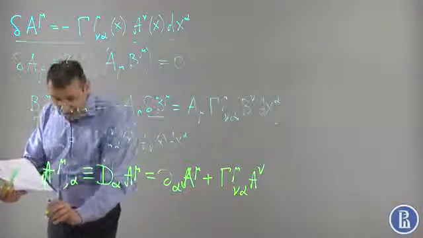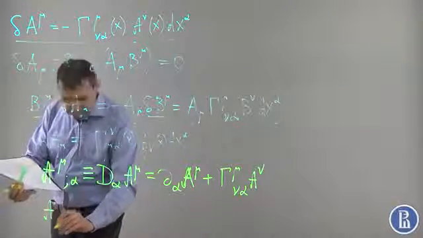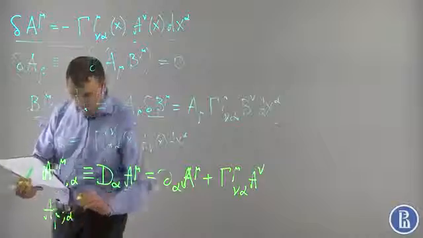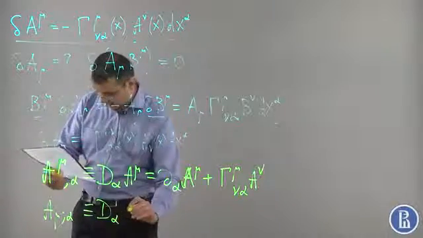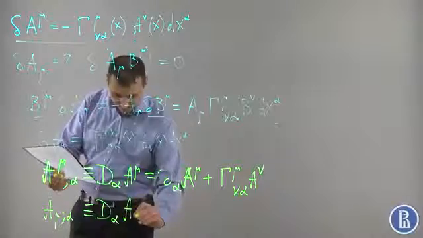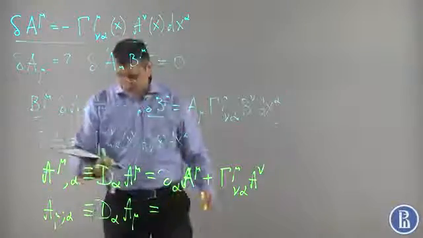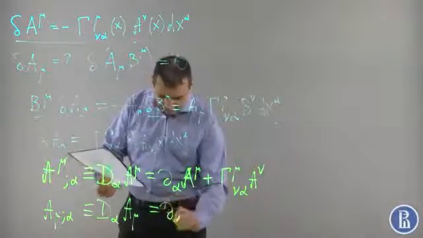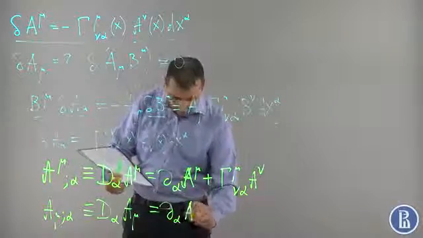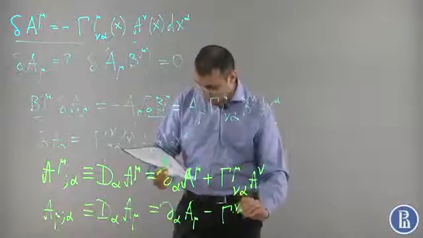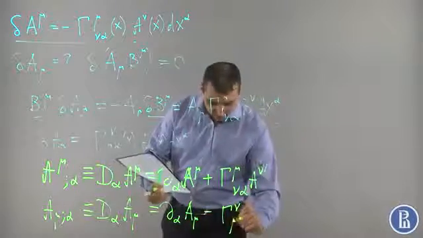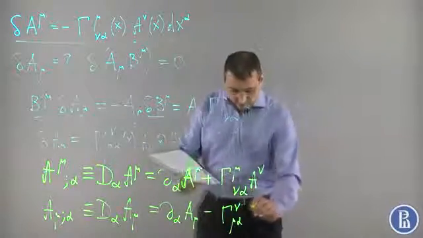Similarly, A_μ;α, which is the same as ∇_α A_μ, a different notation for the same thing, is ∂_α A_μ minus Γ^ν_μα A_ν.